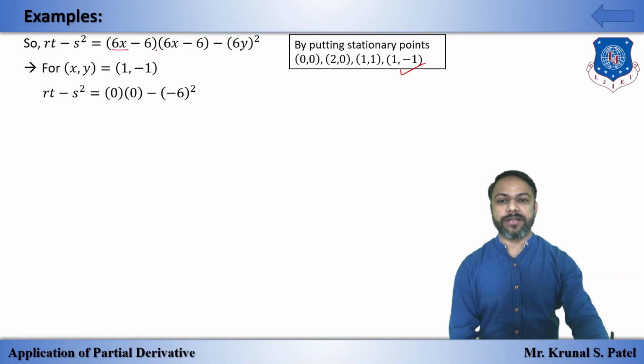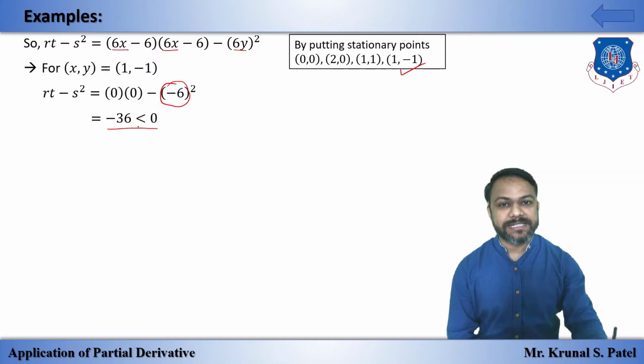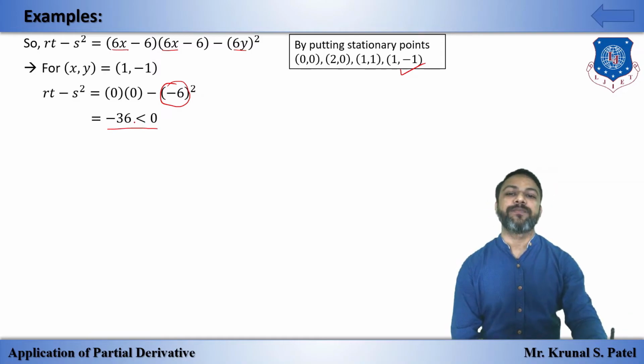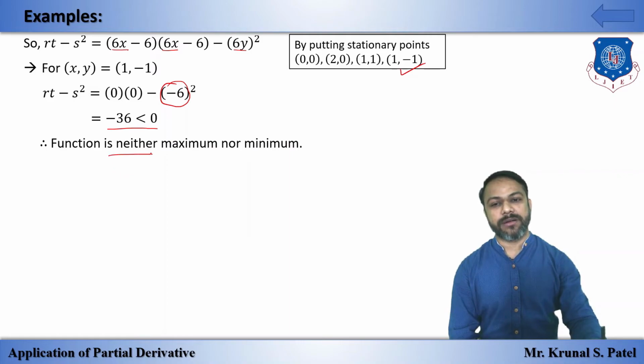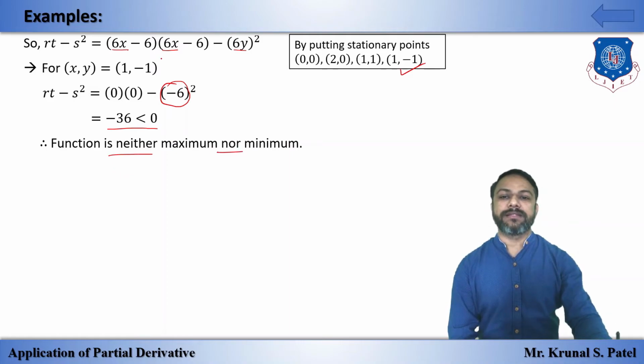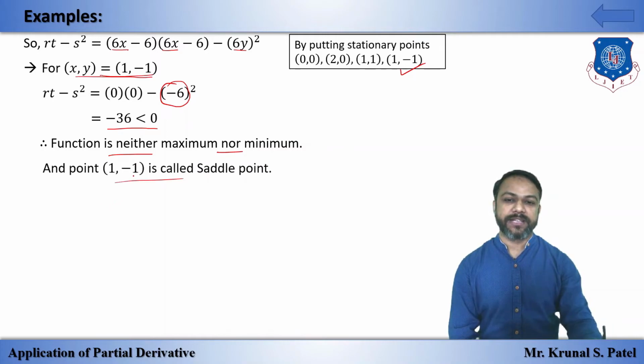So x is 1, so this is 0, and y is minus 1, so minus 1 into 6 is minus 6, whole square is 36, so minus as it is, again less than 0. That means the function is neither maximum nor minimum, and this point is also a saddle point.